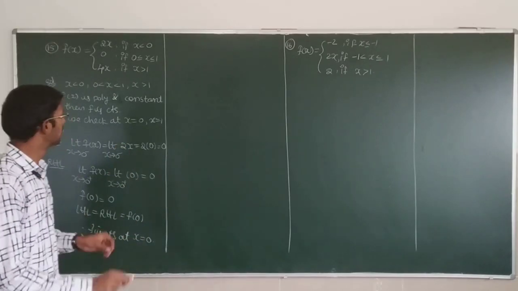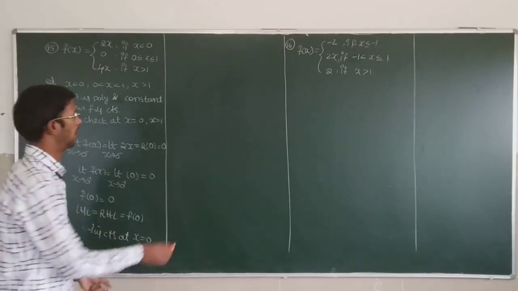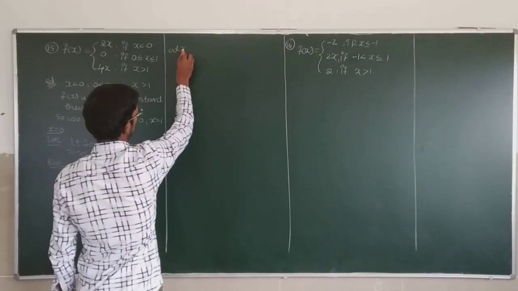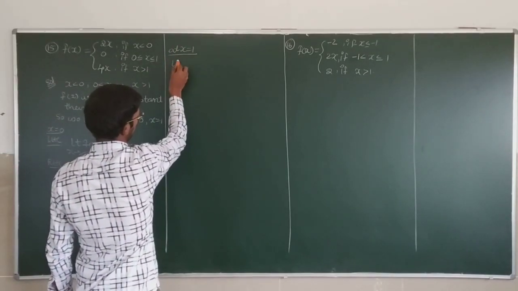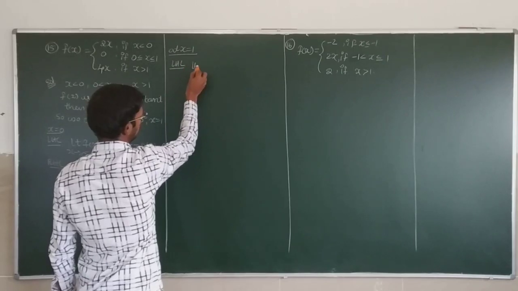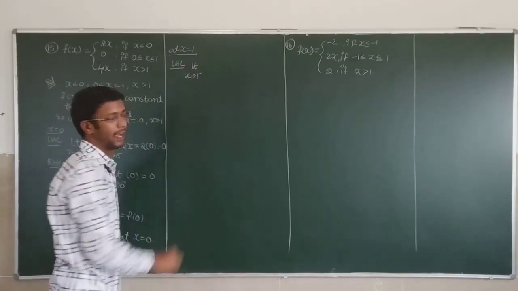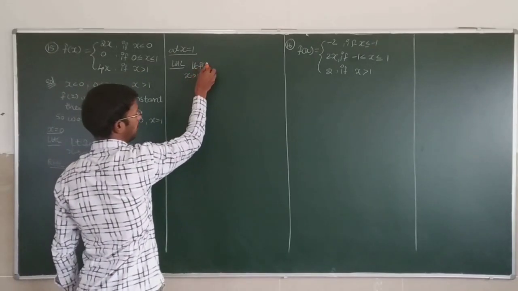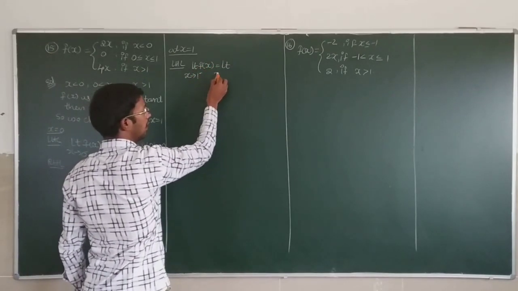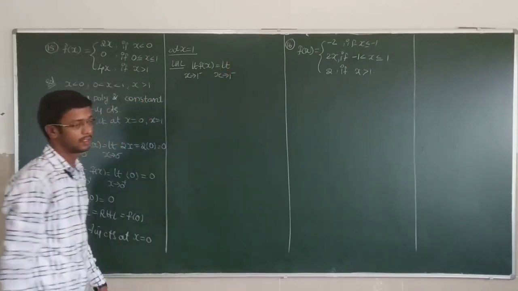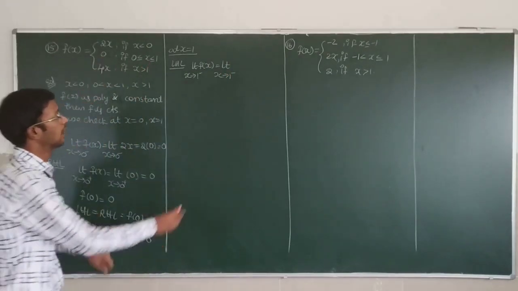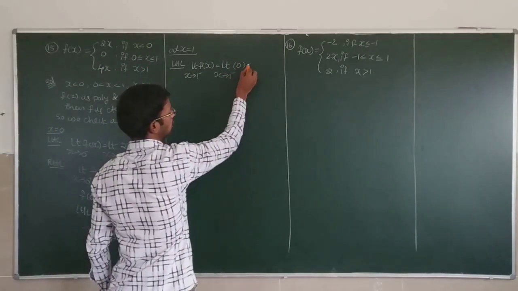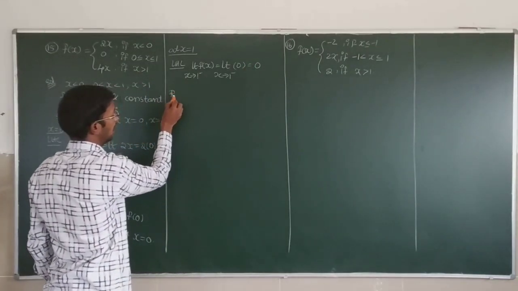Next, at x = 1 you have to find now. LHL: limit as x tends to 1 minus, x less than 1, of f(x). First you have to write f(x), compulsory. After that, the limit as x tends to 1 minus. For less than 1 the function is 0, so the answer is 0.